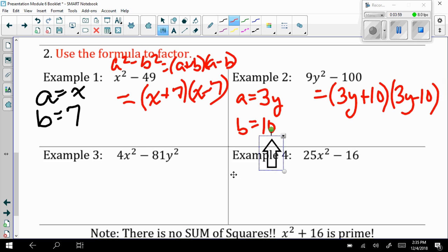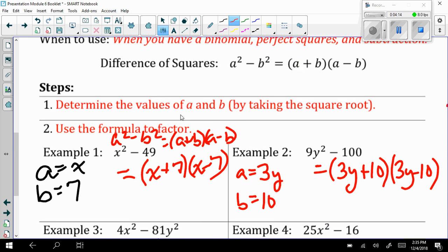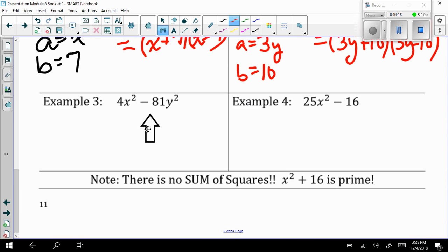Example 3. Even when they're complicated looking, this one looks really super ugly. It's two terms, it's subtraction, perfect square 4, perfect square 81. Again, if you look up here, square root of 4 is 2, square root of 81 is 9. So to find my a, I'm going to do the square root of this. Square root of 4 is 2, square root of x squared is x.